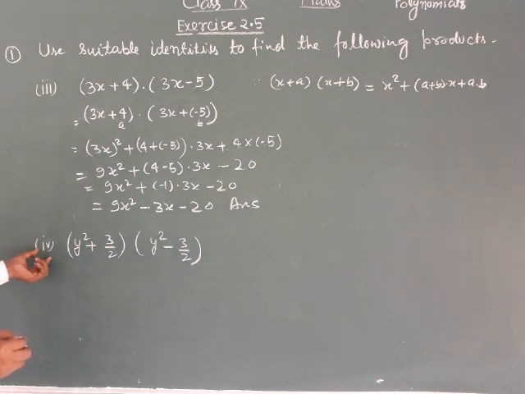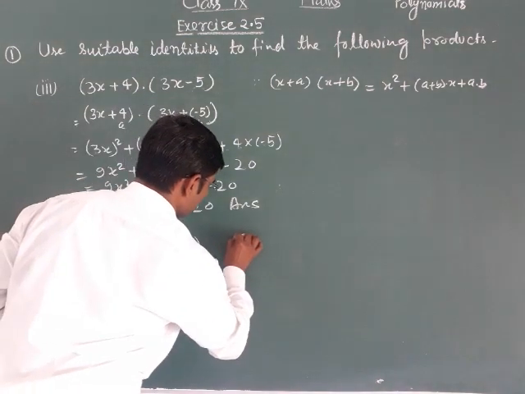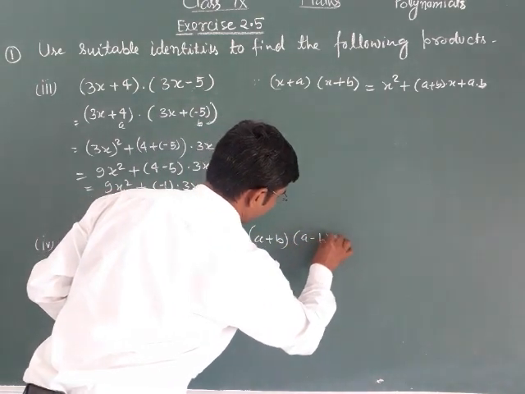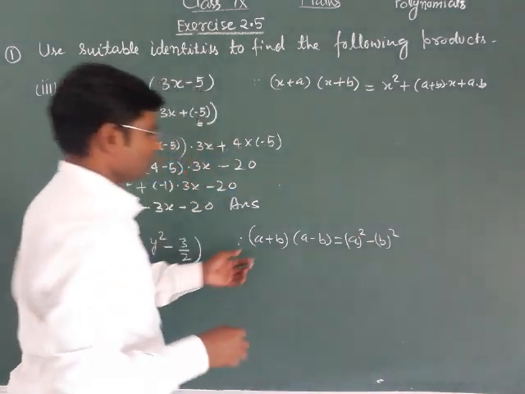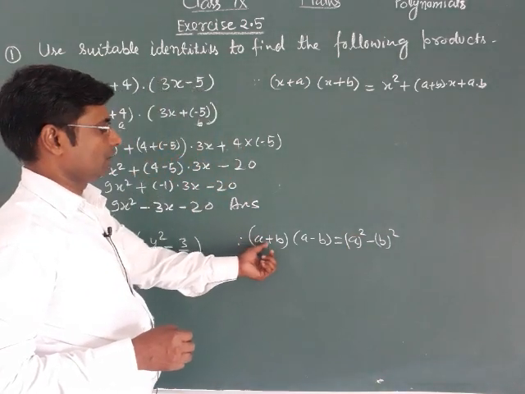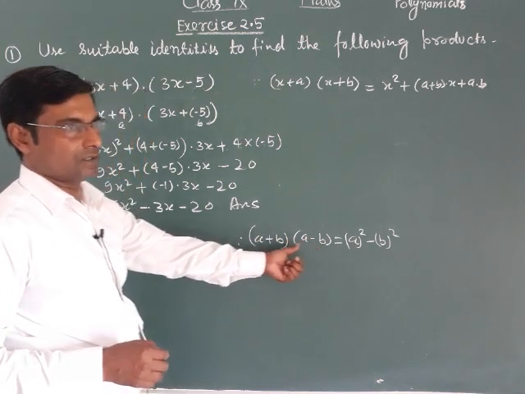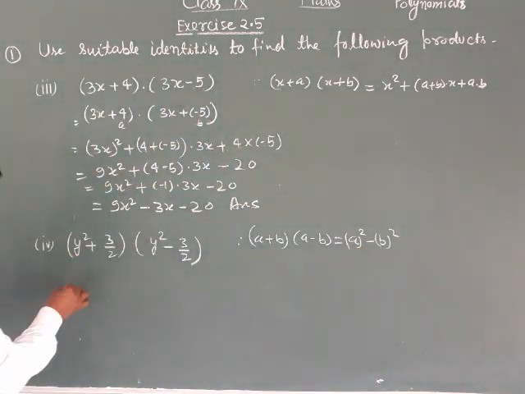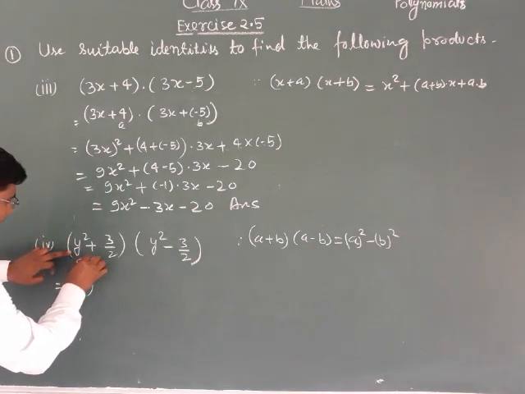And the fourth part: (y square + 3/2) and another bracket (y square - 3/2). Since (a + b)(a - b) is equal to a square minus b square, this is the formula. Use this identity here. This is a and this is b.